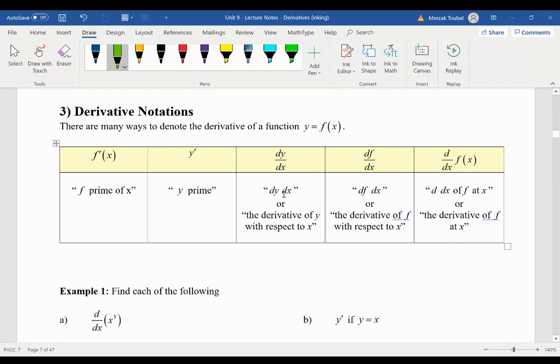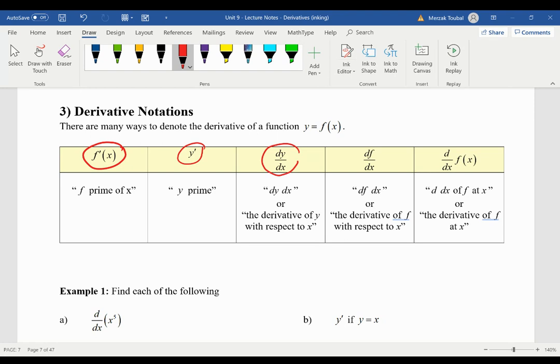Now let's look quickly at some derivative notations, and then we do some examples. If you see this notation, f prime of x, that means the derivative or the instantaneous rate of change. If the function is labeled with the letter y, then y prime also means derivative.